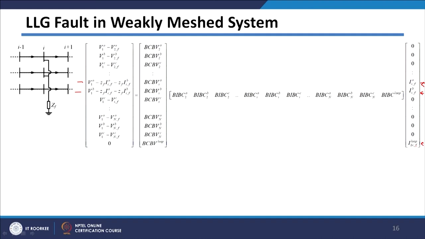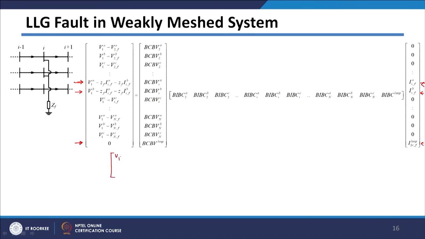So, from this to write your fault current equations for LLG fault in weakly mesh system, we need to consider these three types of rows. So, these two rows and rows corresponding to your loop forming branches. In this case I can take these rows.